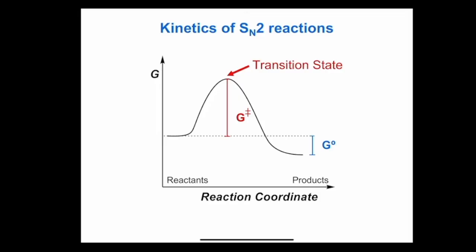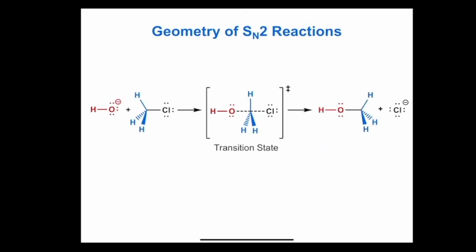This is the prototypical profile of an energy reaction plot for an SN2. That's why we know it's a bimolecular process. That's why we know it's a single transition state. It follows this rate law, okay? So all these things, just like we talked about strong acid, strong base, delta G, kinetics, all these things fit together. Knowing it's SN2 means this is the reaction profile that you're focusing on.